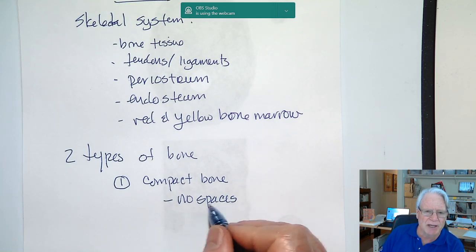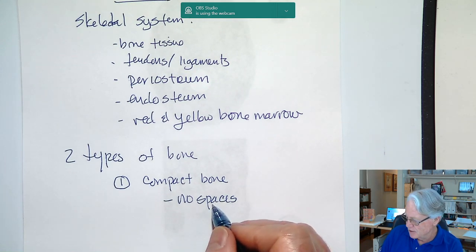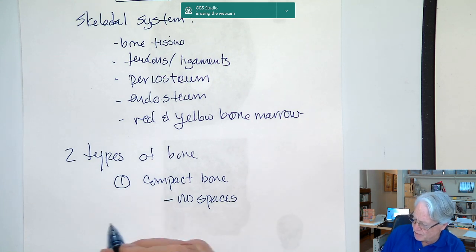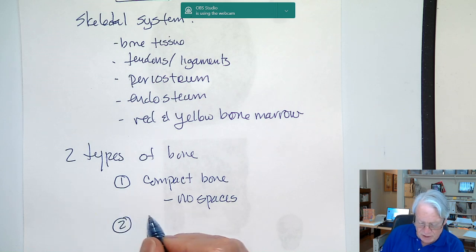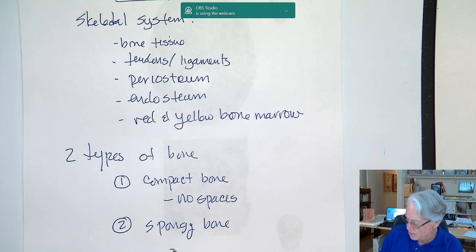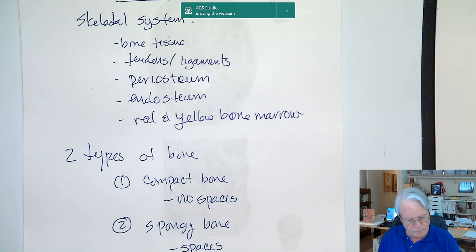You'll understand what that word means once we look at the difference between compact bone and spongy bone. So the second type of tissue is spongy bone. And here we have spaces. In fact, that's how it got its name.